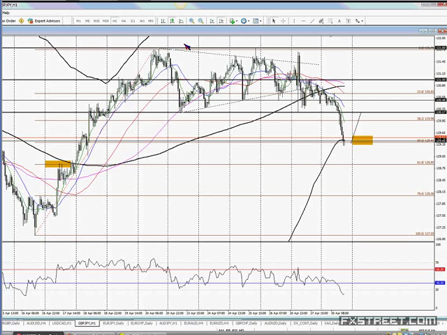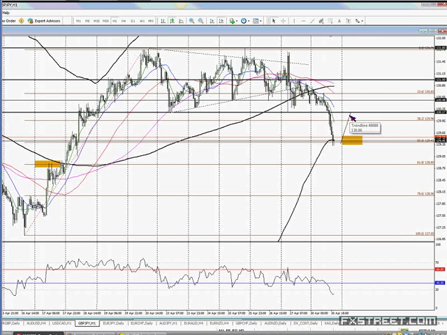Okay, the trend development in the short term is that we have a breakout and we could trend lower, toward 128.85, maybe even down to 128 level down here. All right.